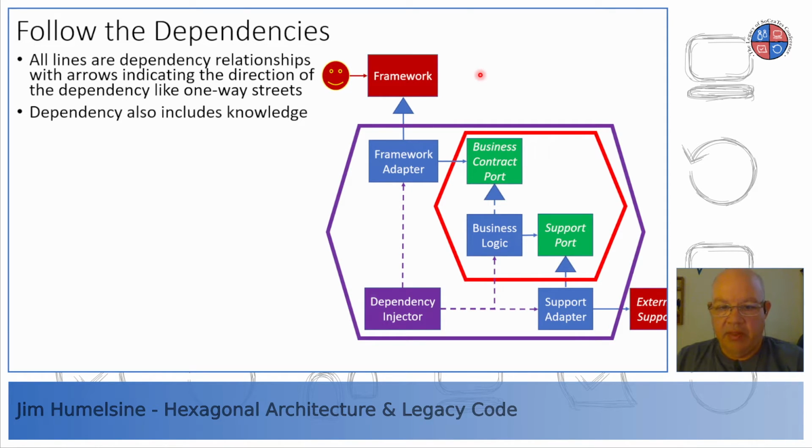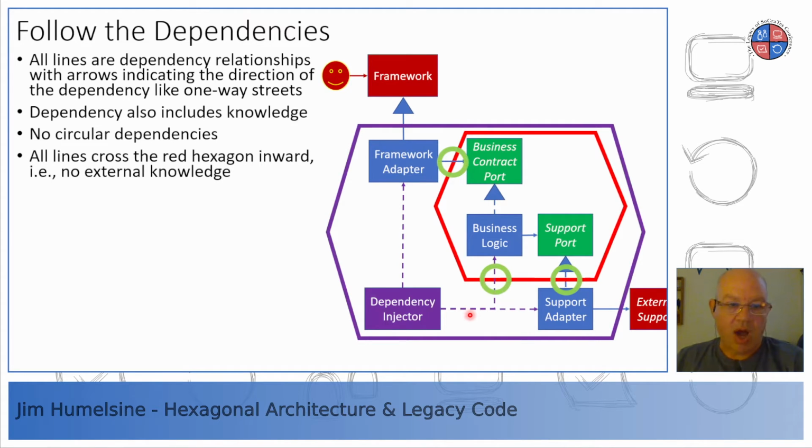So when the framework adapter depends upon the business contract port, it has knowledge of that port, but the port does not have knowledge of the adapter. So information flows in one direction. There are no circular dependencies. That's something we always want to avoid. And in this particular design, nothing loops back in on itself.